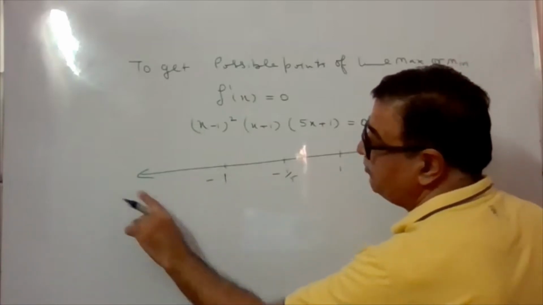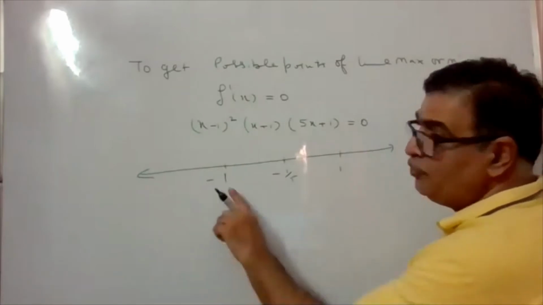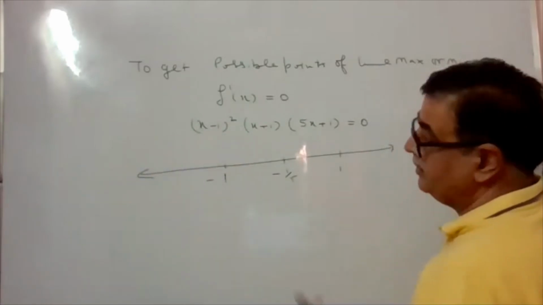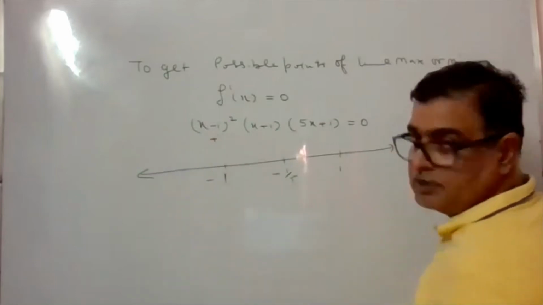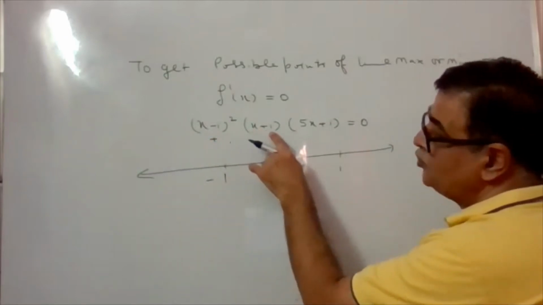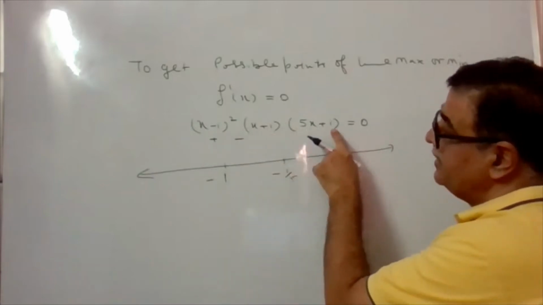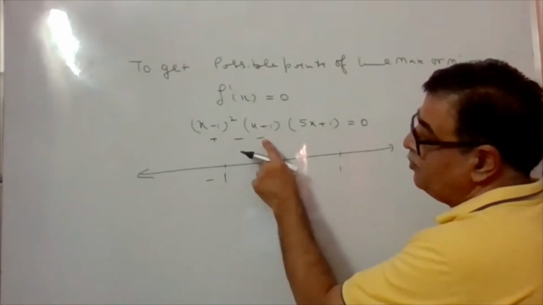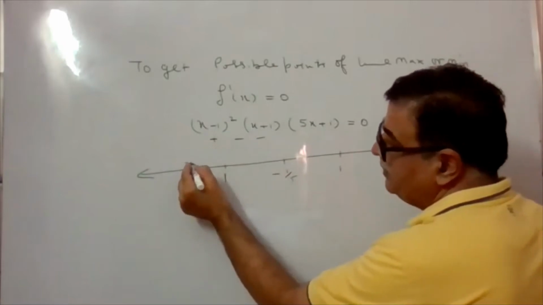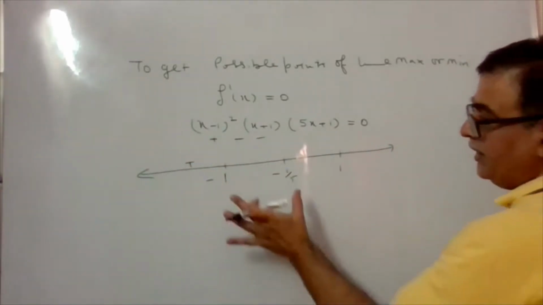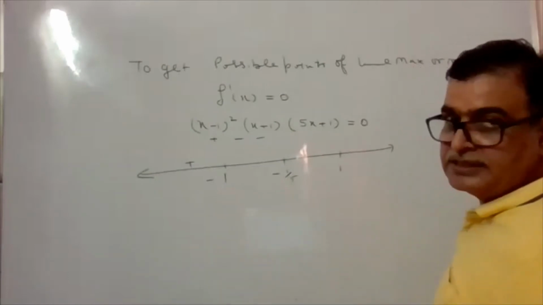When you take less than minus 1, what will this be? Maybe minus 2 I'll take. This is already plus because of whole square. Minus 2 plus 1, it is minus here. And then it will be minus 10 plus 1, again it is minus here. So minus, minus, plus, net will be plus. Then we have between minus 1 and minus 1 by 5.